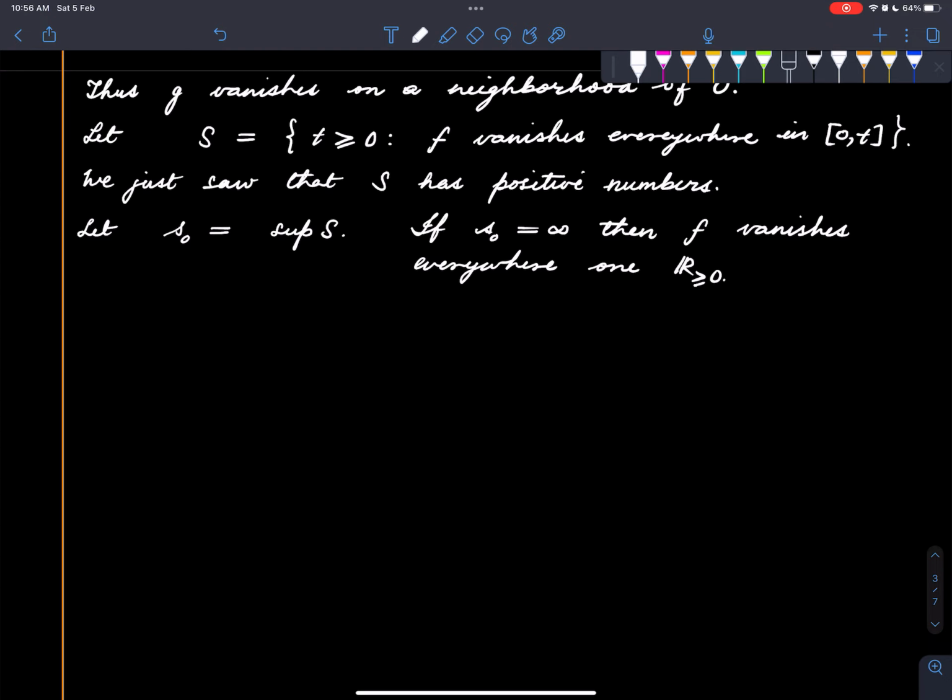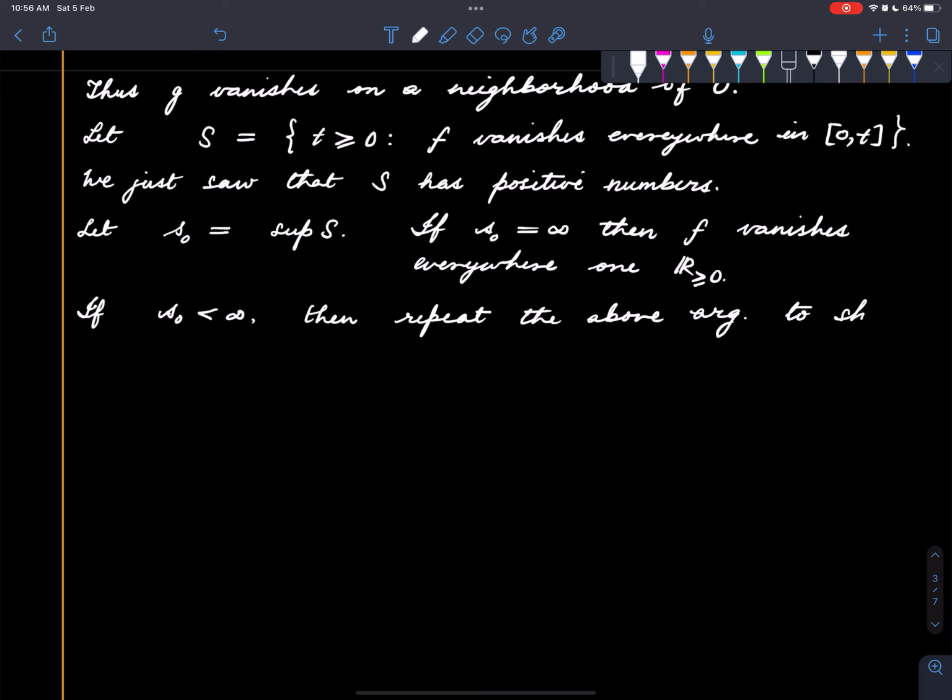And if not, if s₀ is finite, then repeat the above argument, the argument on the previous page, to show that f vanishes on a right neighborhood of s₀.